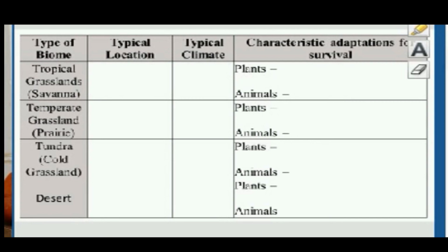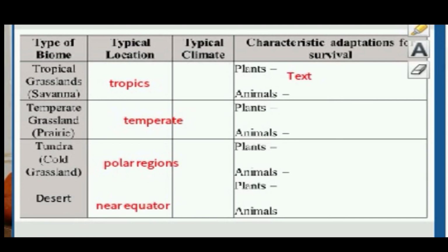These are kind of our last slides. The next one, a tropical grassland, where it's going to be in the tropics, right? The temperate is going to be in the temperate zone. Polar regions, near equator, the desert usually.